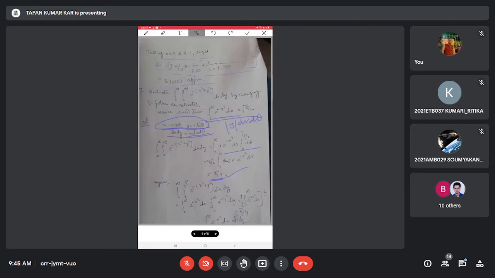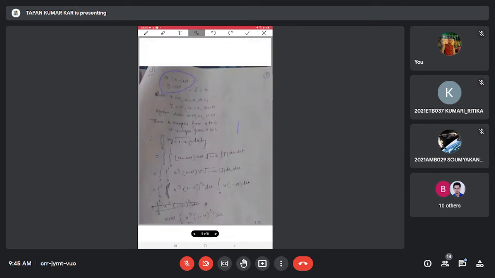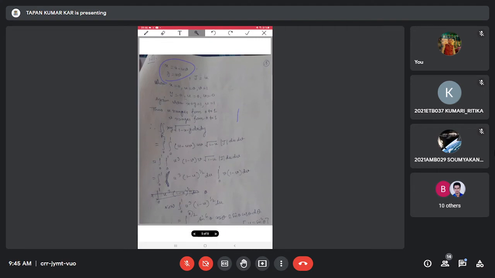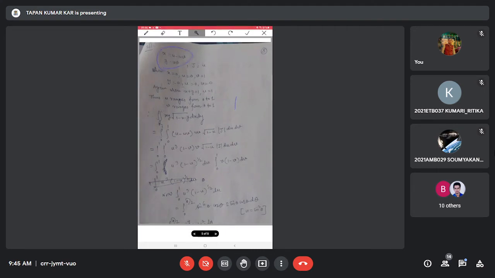Anyway, this is the problem, you must remember it. This problem is to be solved by the transformation x equal to u minus uv, y equal to uv. The question is: change using this transformation and evaluate the integral.